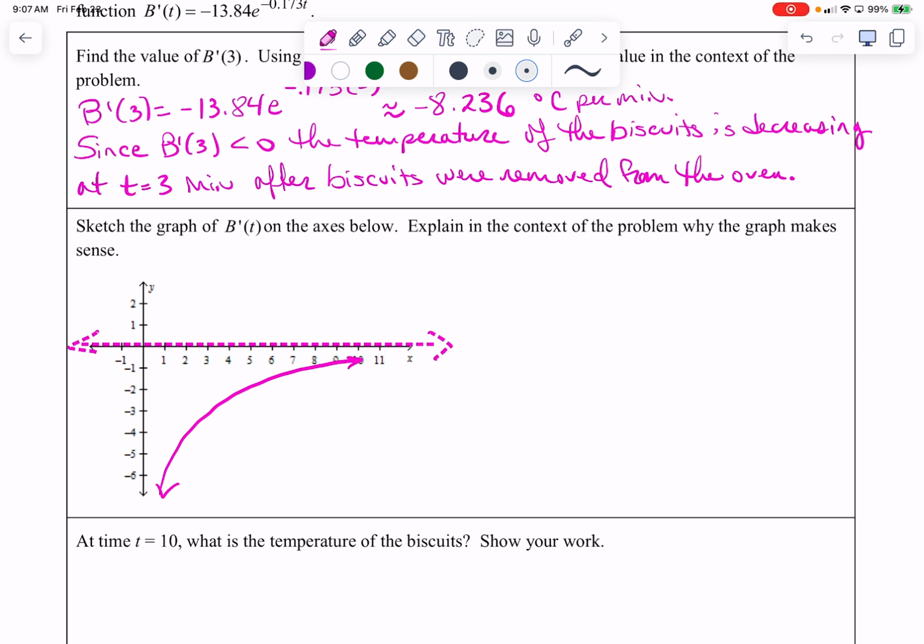Your first line was what it's supposed to be like. No, that was the asymptote, right? So what does b prime of t represent? The temperature of the biscuits. Yeah.